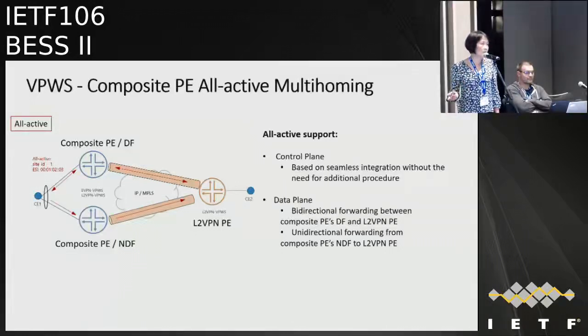So traffic from the legacy PE to the composite PE will only choose the DF to forward the traffic, versus the composite PE, which does all-active. So we have asymmetric forwarding going on here. It's shown here, but it's possible. It also saves one phase of migration. The composite PE can go directly to all-active.